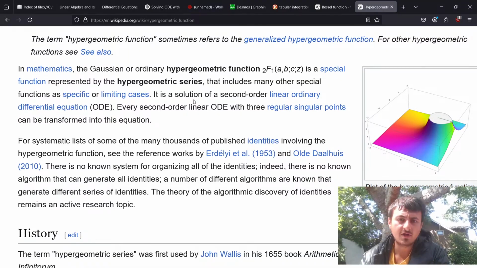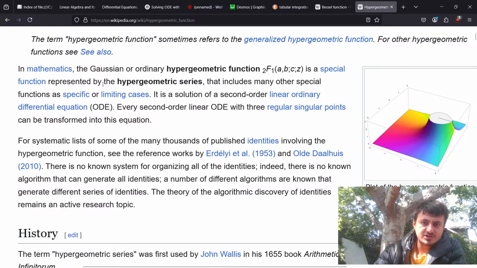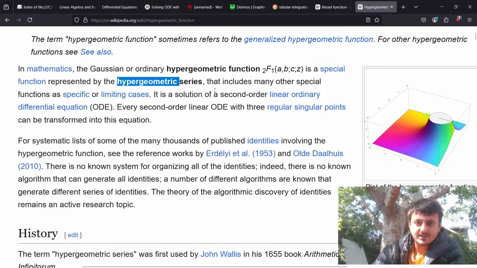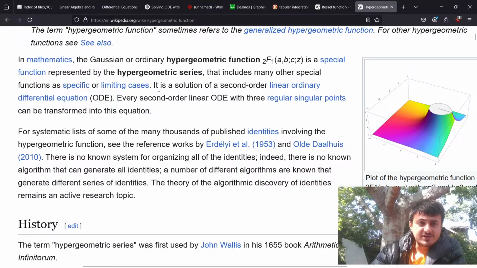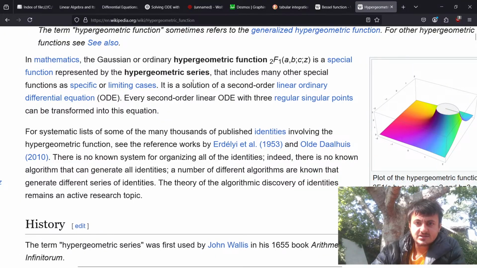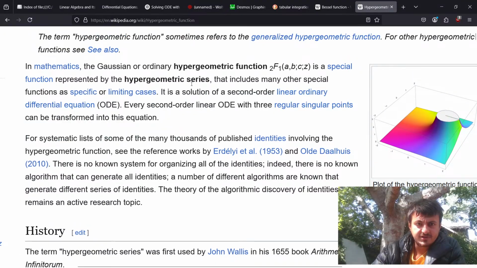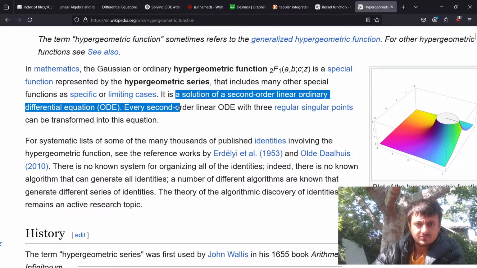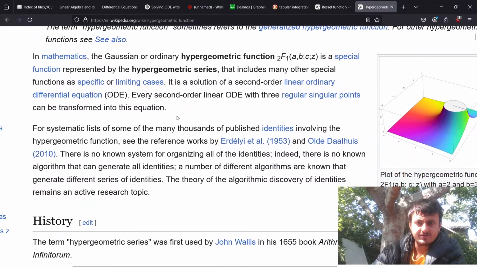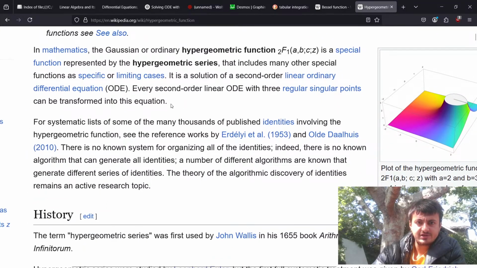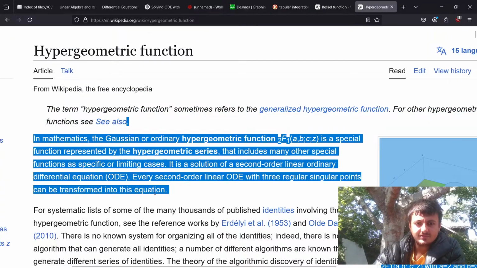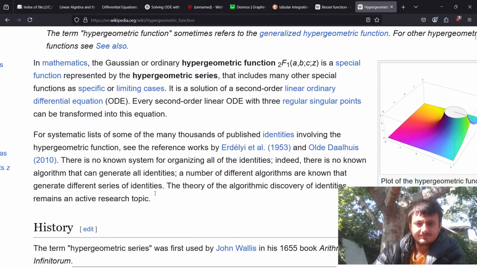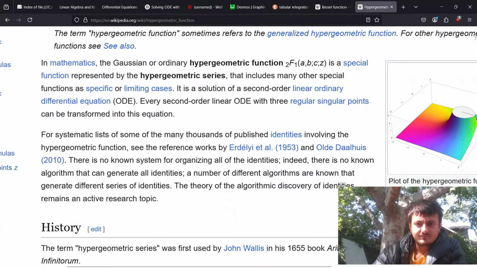The Gaussian or ordinary hypergeometric function is a special function represented by the hypergeometric series. I don't know what that is. It includes many special functions as a specific or limiting case. It is a solution of a second-order linear differential equation. Every second-order linear ODE with 3 singular points can be transformed into this equation. That's wild.